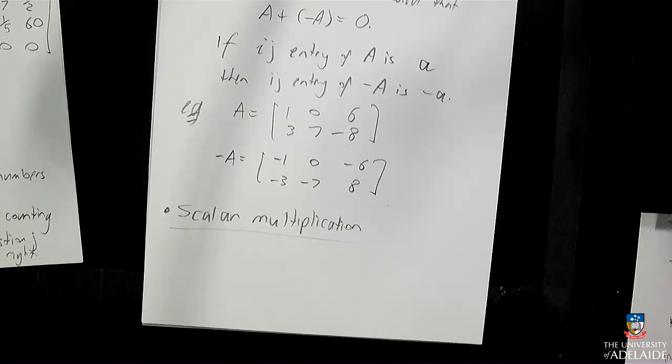So scalar multiplication is borrowed from the idea that a plus a for numbers is 2a. And so a plus a for matrices is also the same answer you would get of just multiplying all the entries by 2 because you just added them all to each other. But we can even do it even if they're fractions or any other numbers. And we can just borrow that idea and say, well, number times matrix is the same as number times every entry.